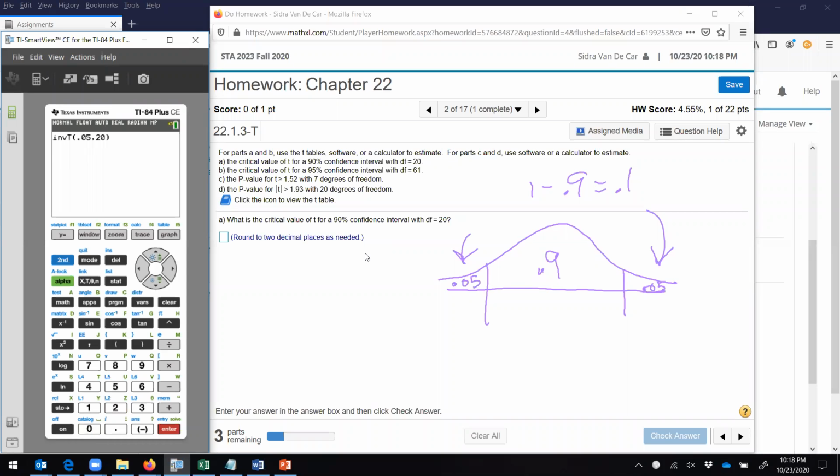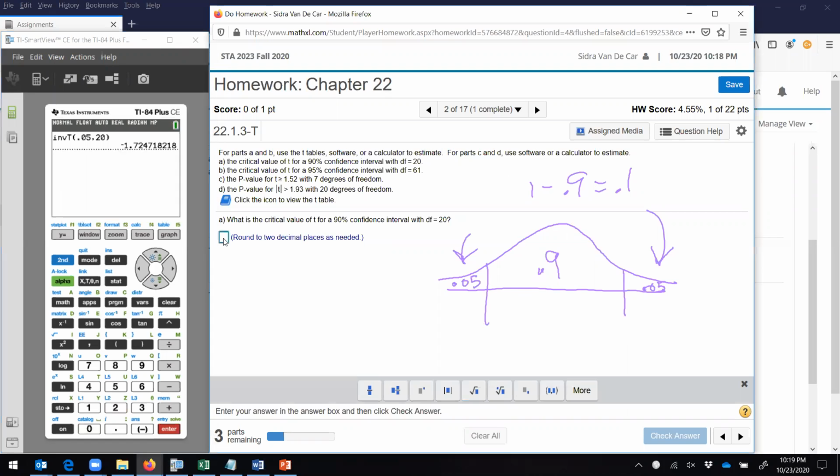Paste that, and we get negative 1.725. By symmetry, the positive one is over there, so it's plus or minus. Remember, we just drop the sign and keep the number for a critical value, 1.725. Or how about 1.72 if we round to 2 decimal places?